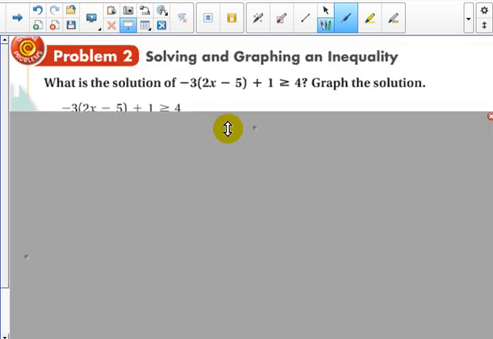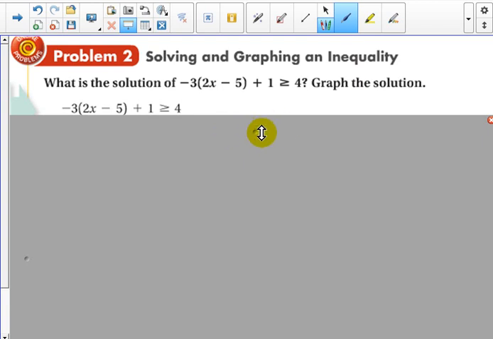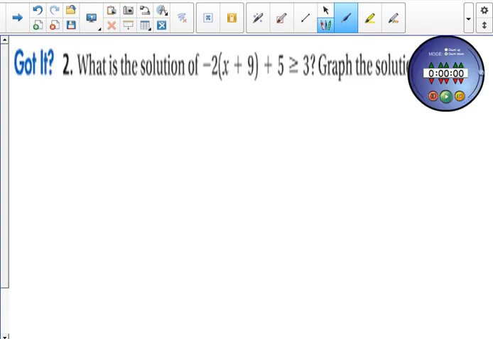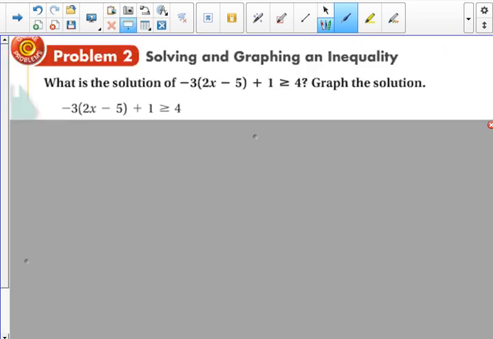All right, so let's look at the next problem. What's the solution of negative 3 times the difference of 2x minus 5, plus 1, is greater than or equal to 4? So start by writing your equation. Let me blow it up real quick.